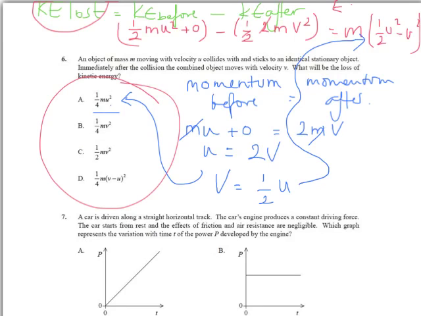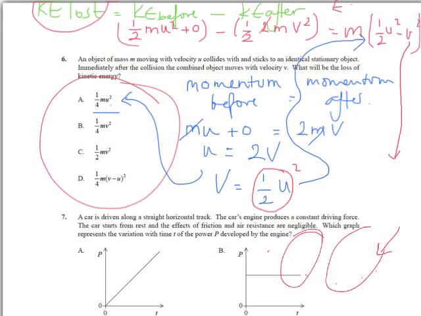What we're doing is substituting v squared for a half u squared instead. And if we expand that, we end up with m a half u squared minus a quarter u squared. So if we simplify that, what we're ending up with is a quarter mu squared.